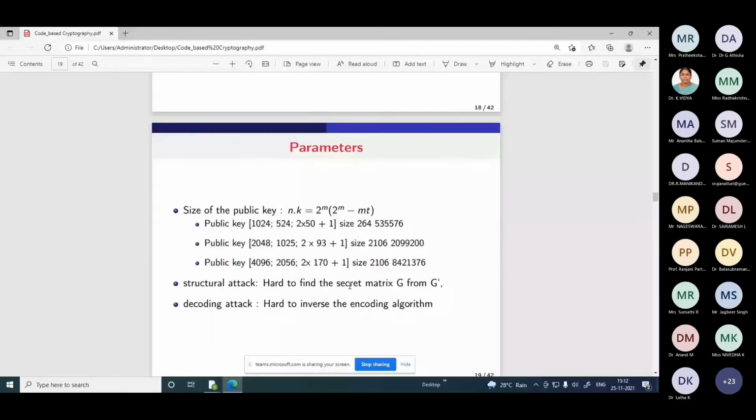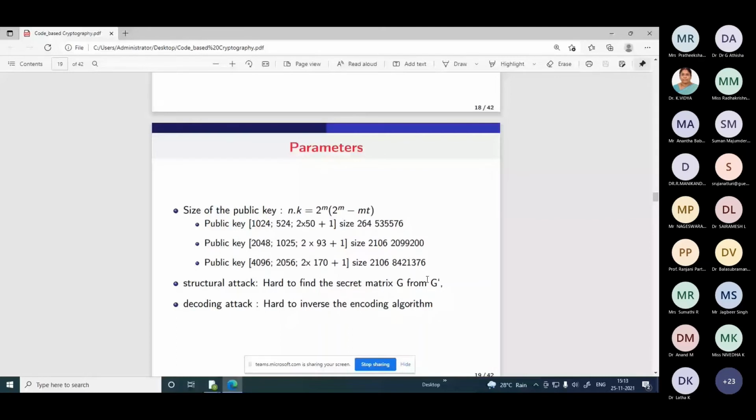Look at the size of the keys, right? The size of the public key is nothing but n times k. N, I have told you, is in the form of 2 to the power m. So when you substitute for n, and k is nothing but n minus mt, this is the size of the public key. Look at the size of the public key when the parameters are chosen. It's very large, right?